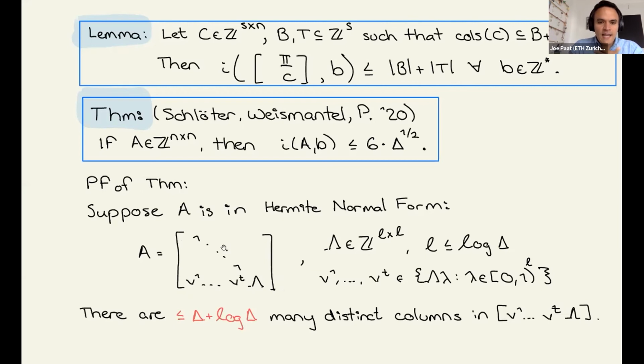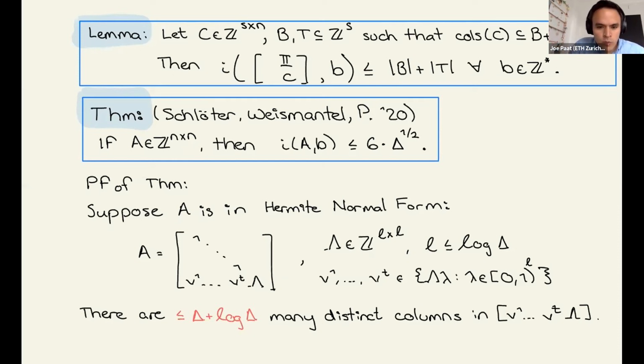And notice that A already fits into this format of the lemma. So all we have to do is find sets B and T that cover these delta many columns. So we could enumerate these columns, but that would lead to an integrality number of about delta.